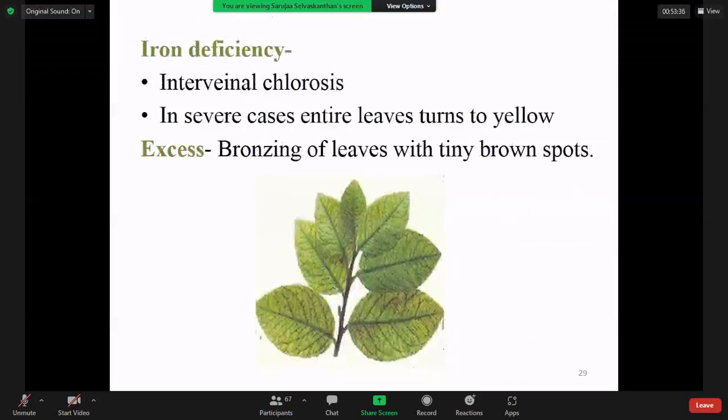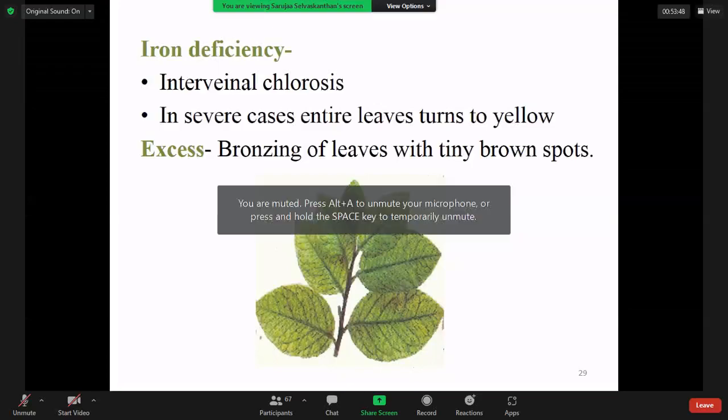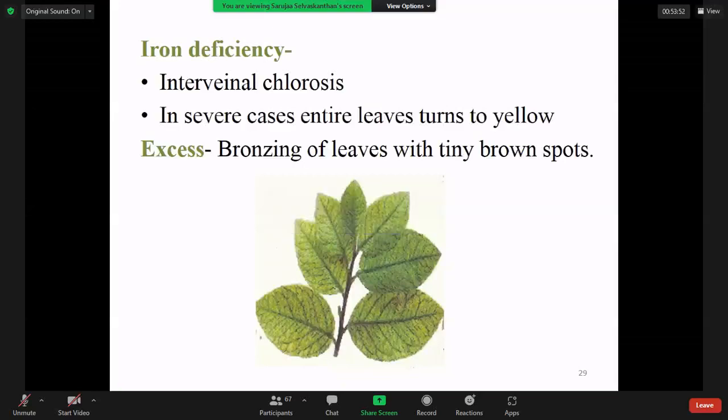In severe cases, entire leaves turn yellow. If it is severe for a prolonged period of time, or there is a lack of iron in the soil, all the leaves will change to yellow.